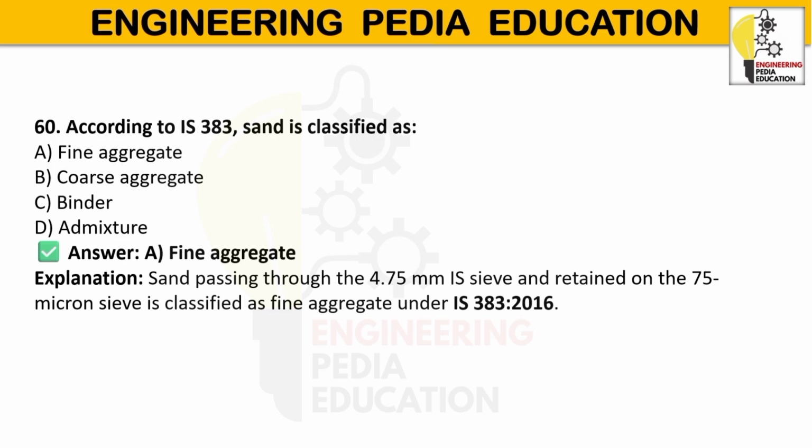IS 456 is for concrete and aggregate. IS 1026 is for concrete mix design. IS 1199 is for workability test and fresh concrete testing. IS 516 is for compressive, flexural and tensile strength. The most important one is IS 383 grading.